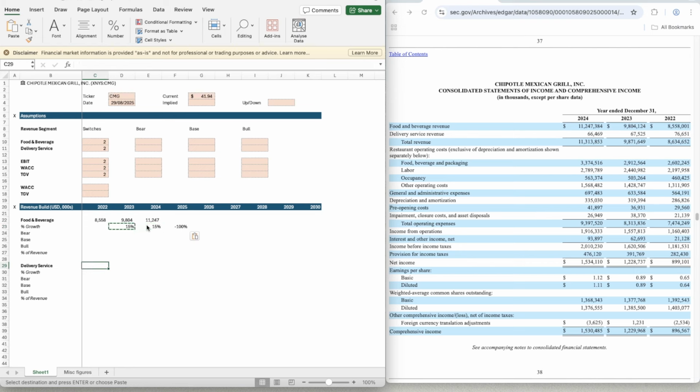Then we look at the delivery service. So the delivery service revenue is what Chipotle do as their own delivery.